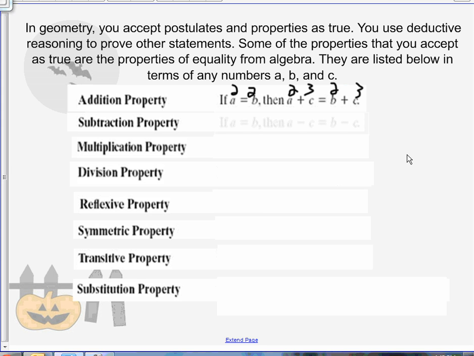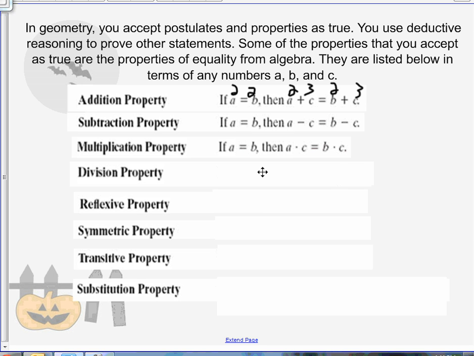Alright, same sort of idea with the subtraction property. If A equals B, then A minus C equals B minus C. Okay? Alright. The multiplication property, very similar. All of these are pretty straightforward. If A equals B, then A times C equals B times C. Alright?